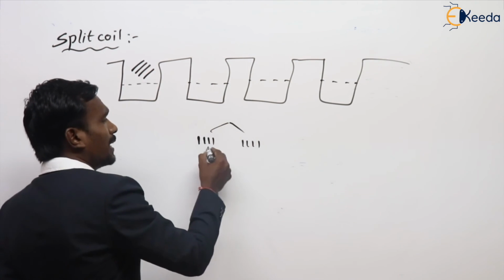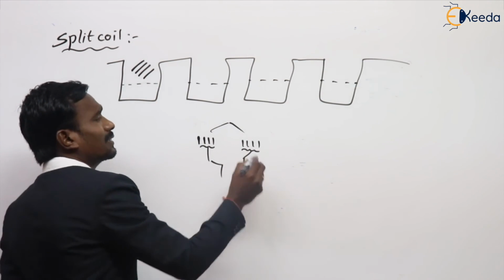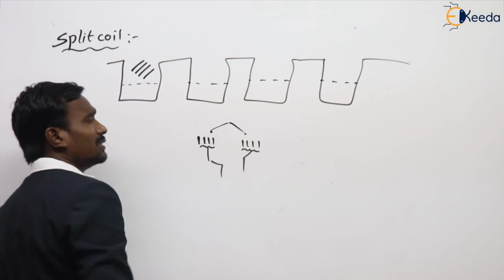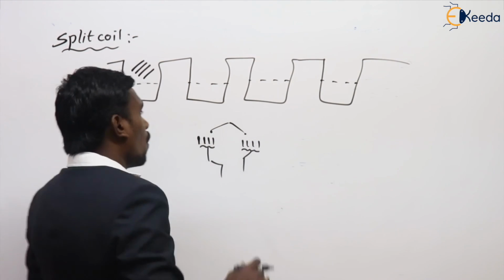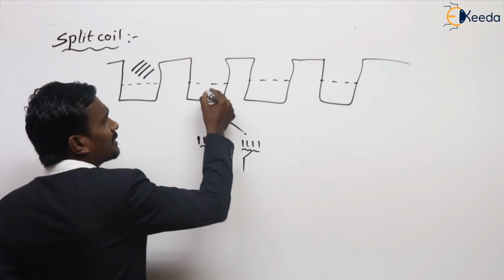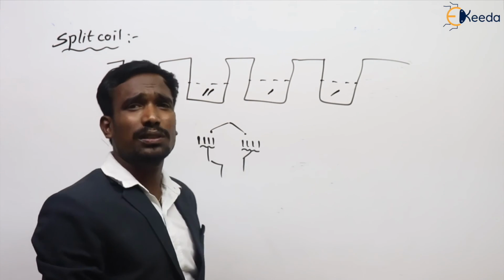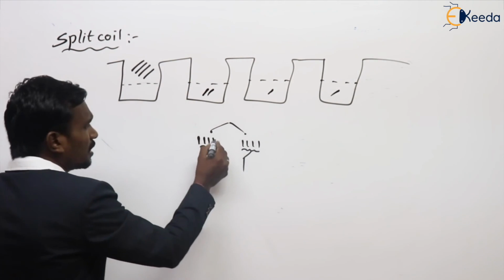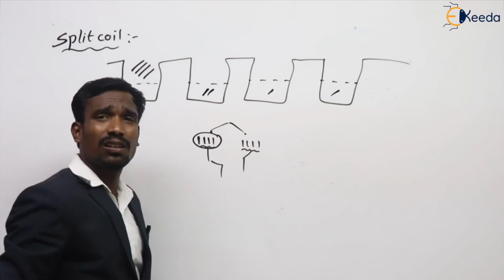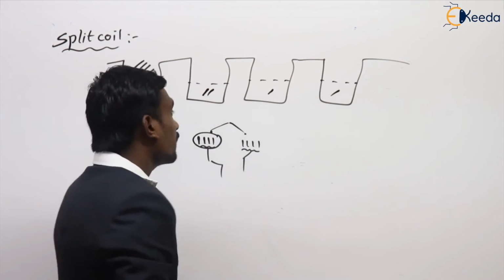For example, this is my coil, like this. 4 conductors on one side, 4 conductors on another side. So each coil side has 4 conductors, I have 2 sides. One coil side is placed under one slot and another coil side is split into 2 slots or more than 2 slots. This is placed under only one slot, but this is split into 3 slots. This is nothing but split coils. What is it called? Split coils.